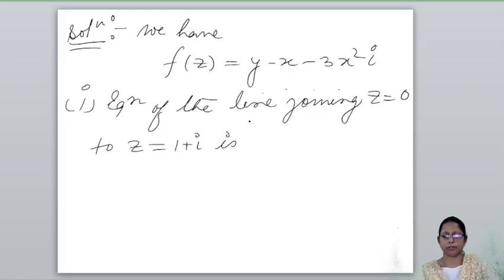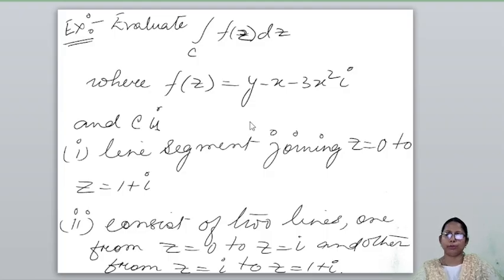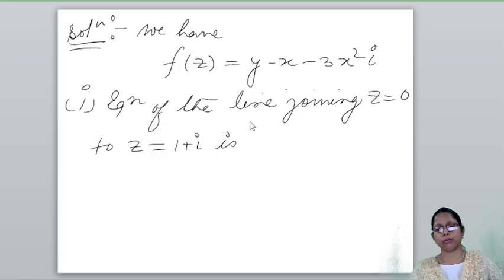Here we have to evaluate the integral of f(z), where f(z) is y minus x minus 3x squared i, along the line segment joining z equal to 0 to z equal to 1 plus i. Number 2 consists of two lines, z equal to 0 to z equal to i, and the other line from z equal to i to z equal to 1 plus i. First, we are going to evaluate the integral along the line segment joining z equal to 0 to z equal to 1 plus i.